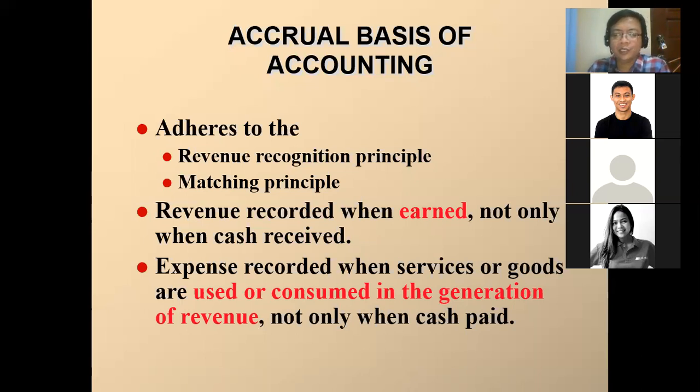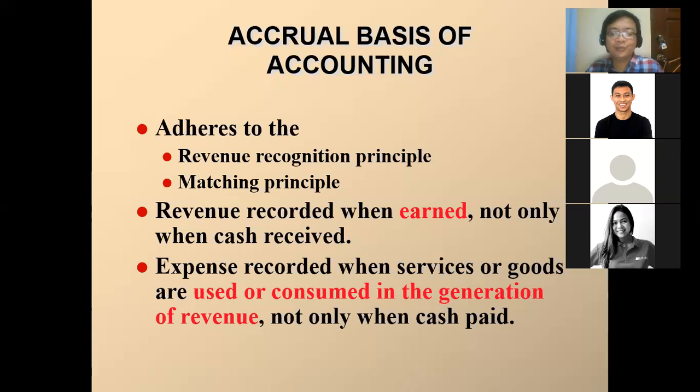What do you mean by this? Bumili si Ana Mercado ng coupon bond, ballpen, worth 100,000, on January 1. Of course, sa tingin nyo ba, yung ballpen, hindi mauubos ni Ana? Of course, as time goes by, magagamit niya yung ballpen, mauubos yung tinta.